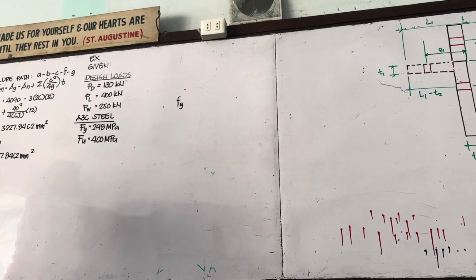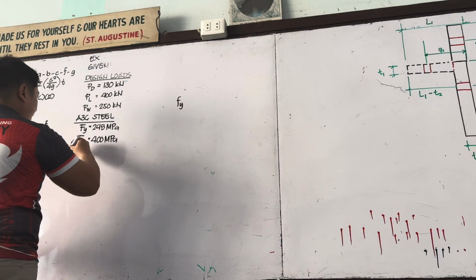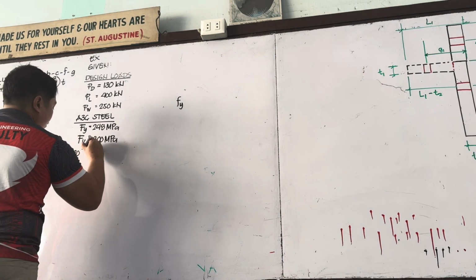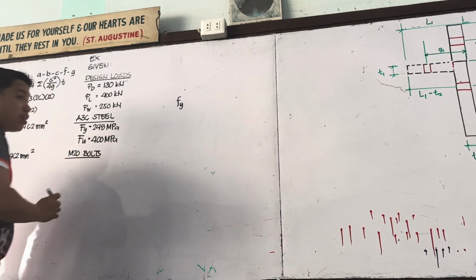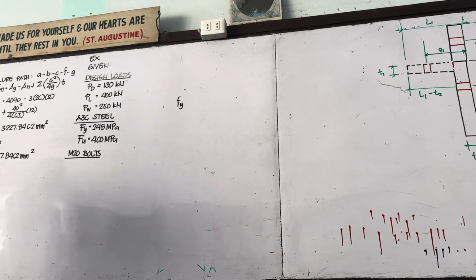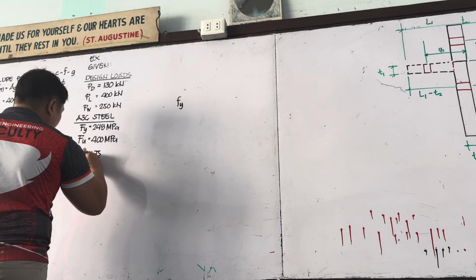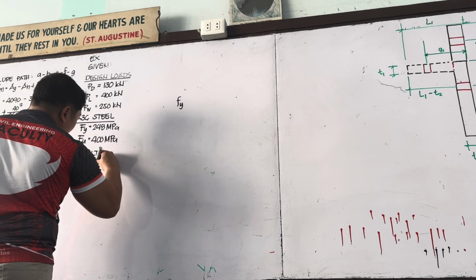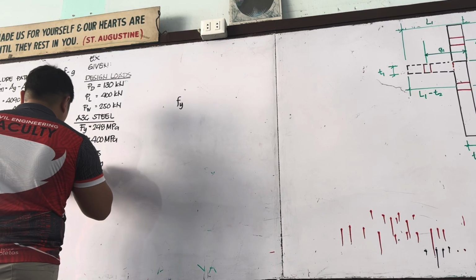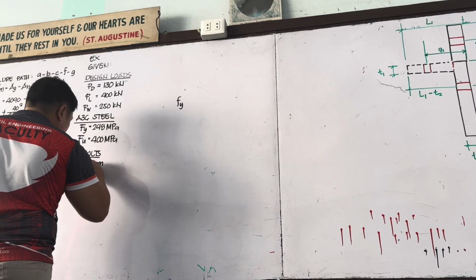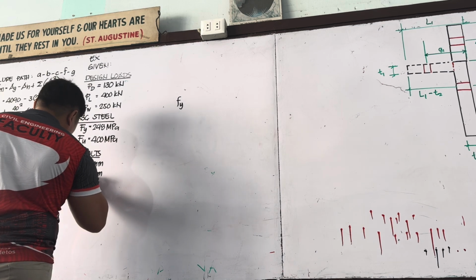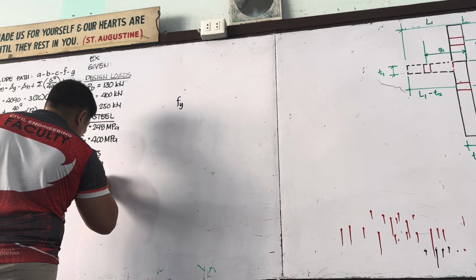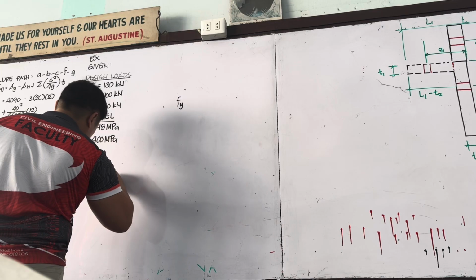Then we will use M20 bolts. For our M20 bolts, the bolt diameter is 20 mm, and we will use normal size. So the hole diameter is 22 mm, and the effective hole diameter is 24 mm.